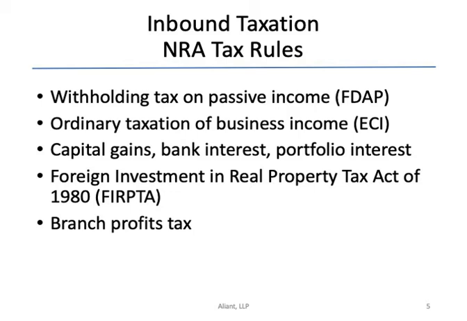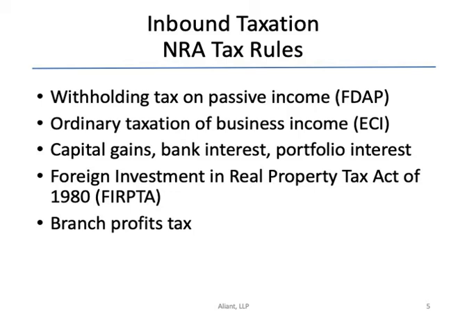The biggest category, the most important one, the one we see in practice most often, is the so-called FDAP income. FDAP stands for Fixed Determinable Annual or Periodic Income. And this is primarily passive income: interest, rents, royalties, dividends, things of that nature. This also includes salaries, commissions, bonuses, and certain other things.